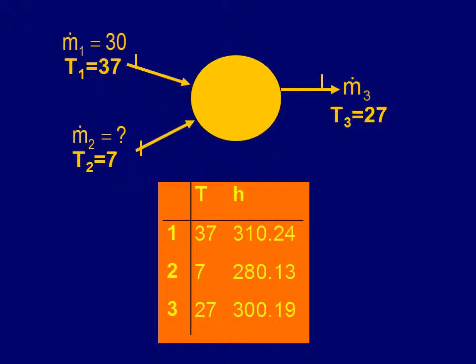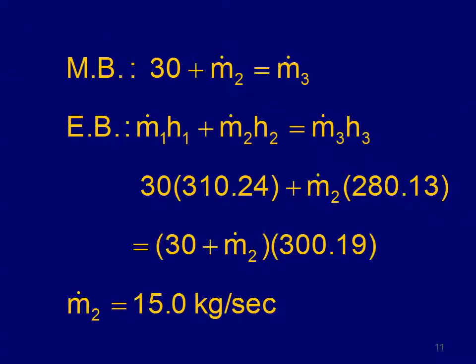If I look up my enthalpies from the air tables, then you can get these enthalpies and solve the problem. You could just as well do it, and so here's the solution. Take a minute, convince yourself it's true with those enthalpies, but what I'd like you also to do is use Cp times T of the air.